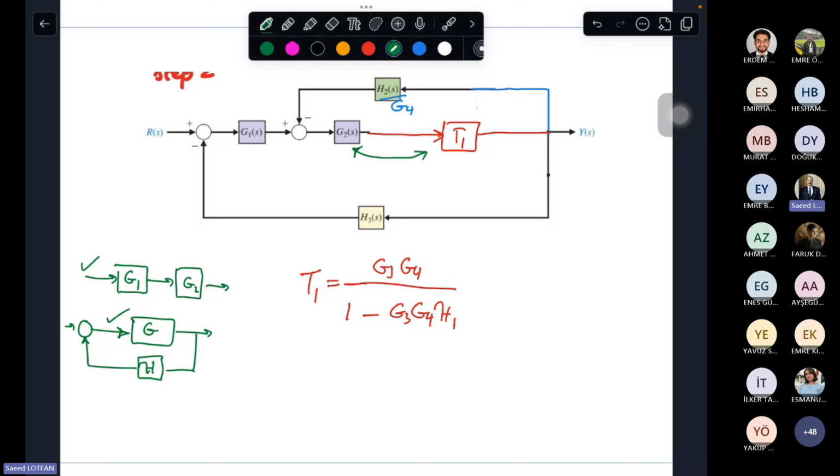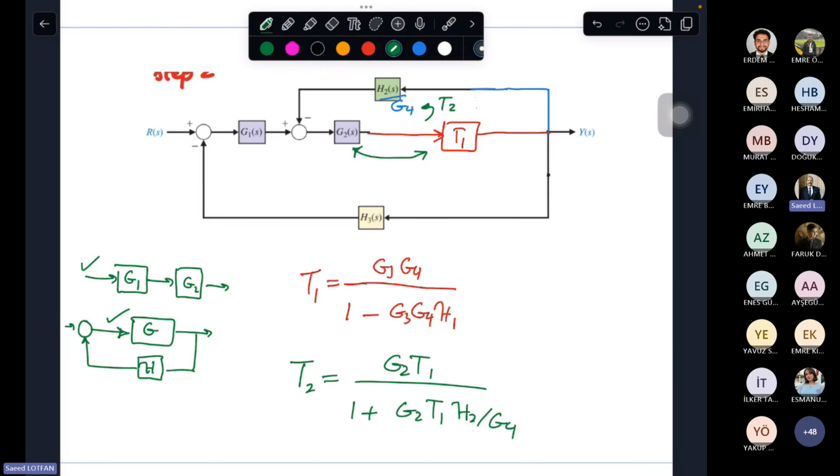They multiply together and become feedback with this guy, which we name T2. So T2 would be G2 T1 divided by 1 plus G2 T1 H2 over G4.